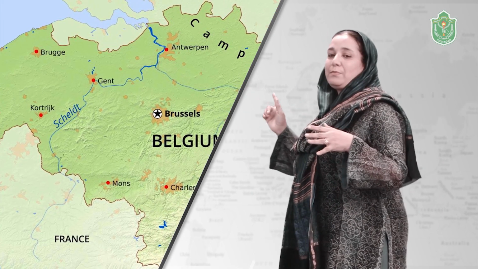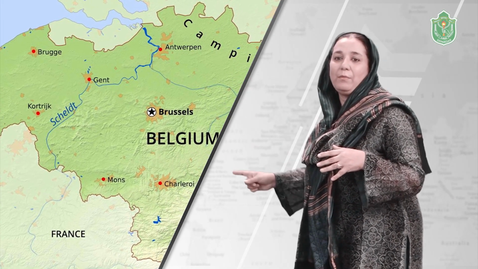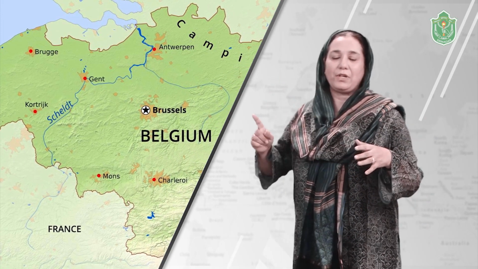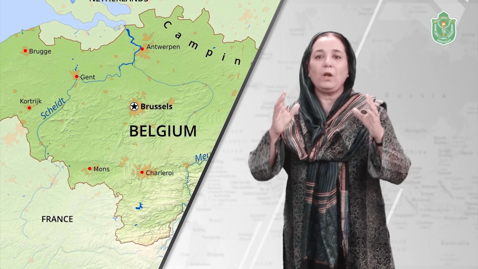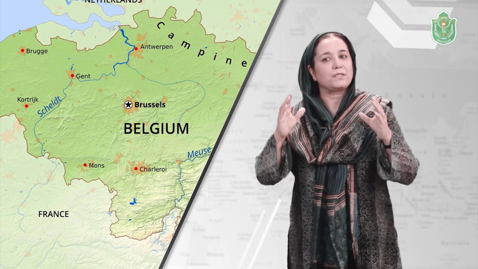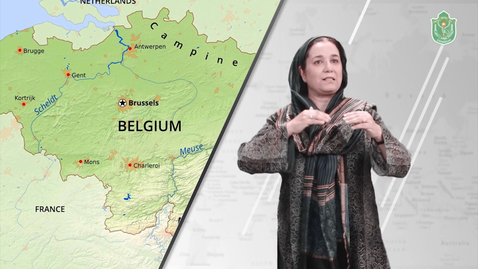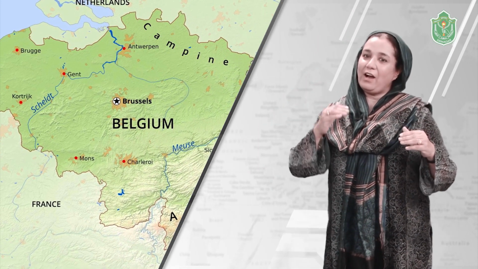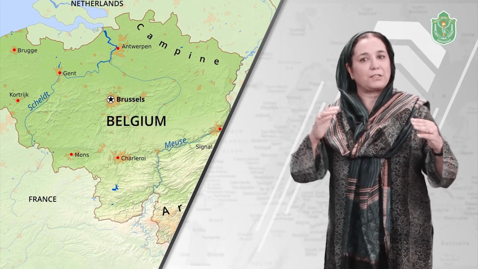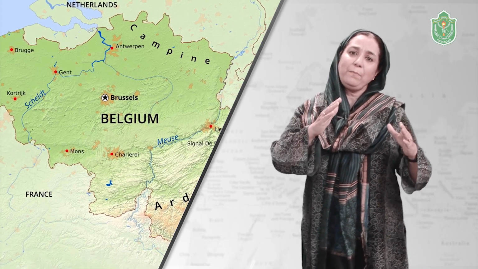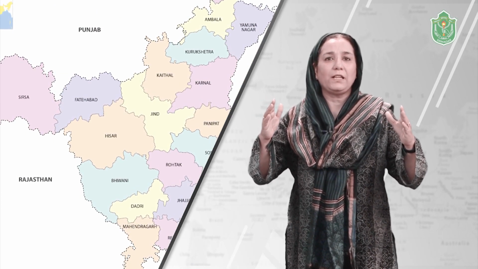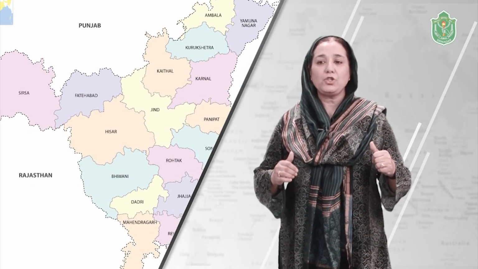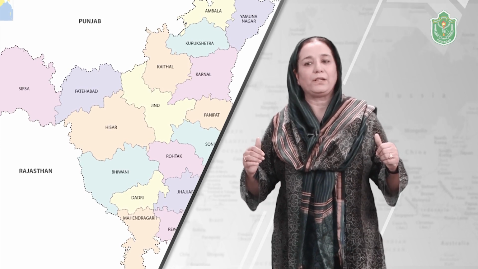Now let me tell you about Belgium. Watch this map and just see the map and its neighboring countries. Now, as I told you, Belgium is a small country in northwest Europe, and it has its borders with France, Germany and Luxembourg. Now when we compare it to Haryana, it's smaller than Haryana, and the population is a little over 1 crore.